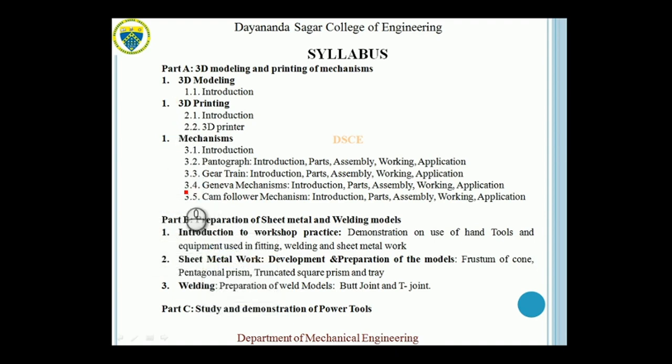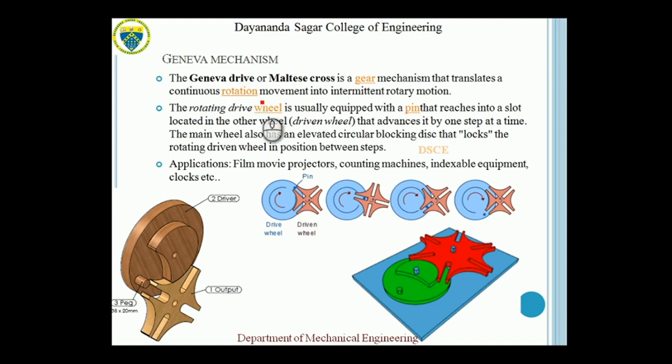this presentation will cover the 3D printing of Geneva mechanism, also called the Maltese cross, a gear mechanism that translates a continuous rotary movement into intermittent rotary motion.